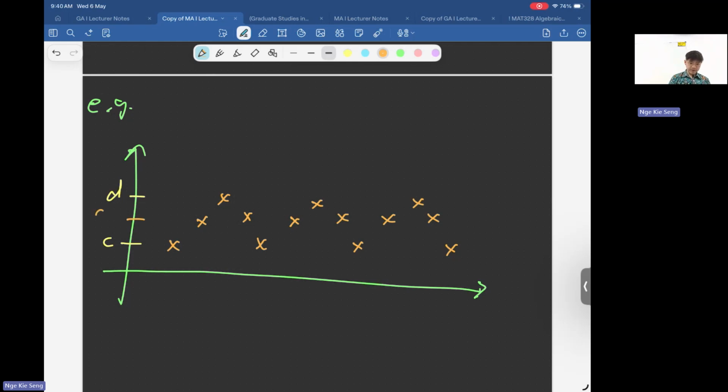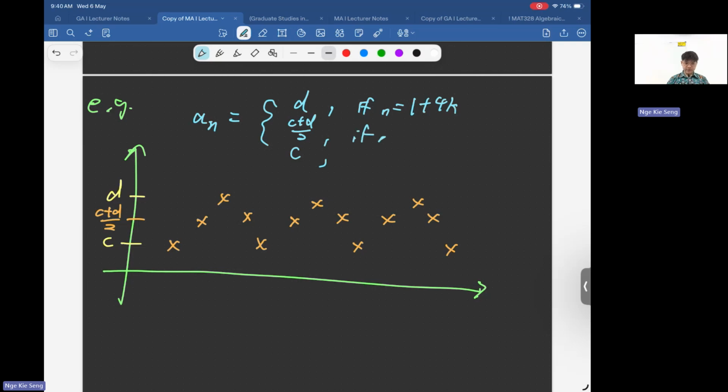Maybe the middle point is (C plus D) over 2. So what I did is I defined a_n to be D, C, and (C plus D) over 2, if n is 1 plus 4k, and then if n is 2k, and then if n is 3 plus 4k. So basically, I split it into mod 4: 1, 2, 3, 4.